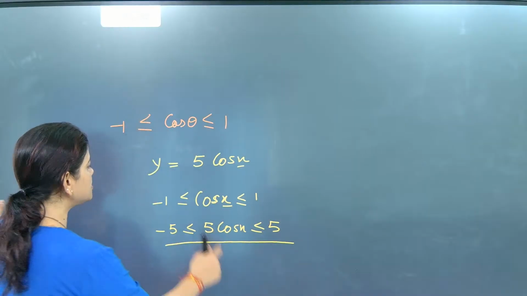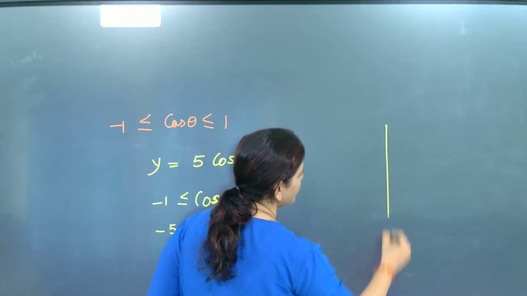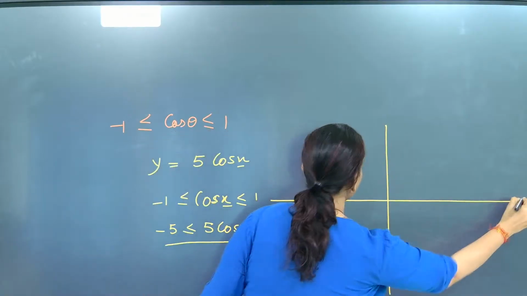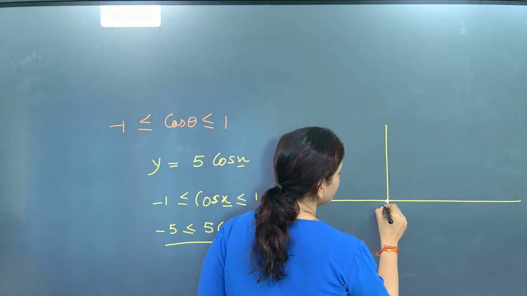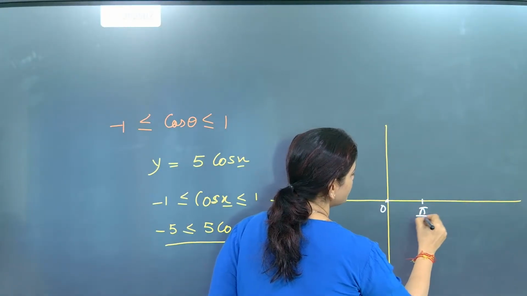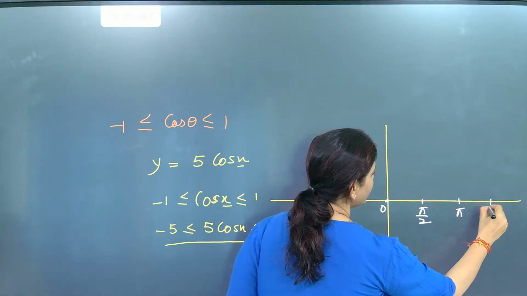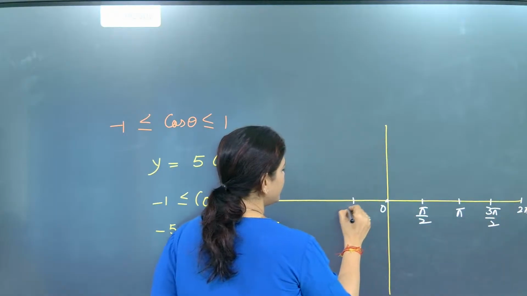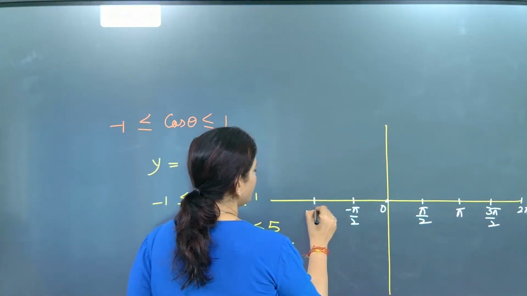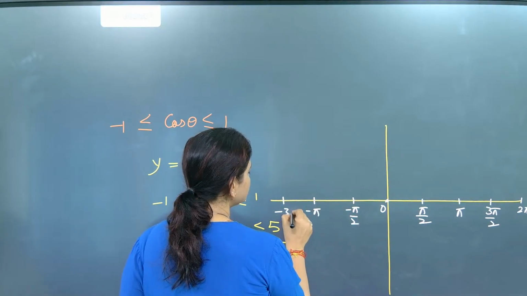Once it is coming between -5 and +5, we will draw it. Here 0, this is pi by 2, this is pi, this is 3 pi by 2, and this is 2 pi. Here it is minus pi by 2, minus pi, and minus 3 pi by 2.